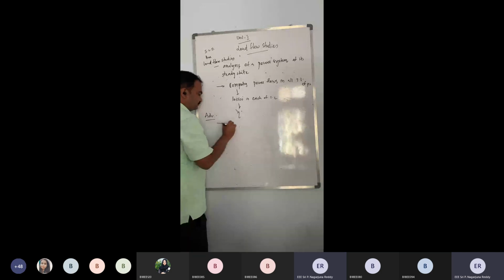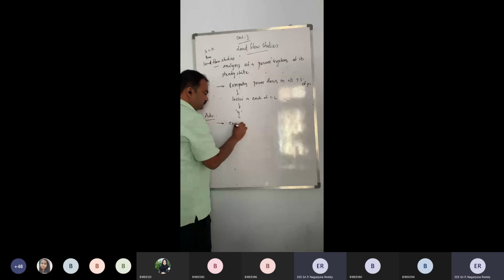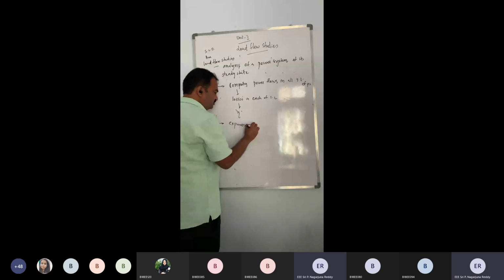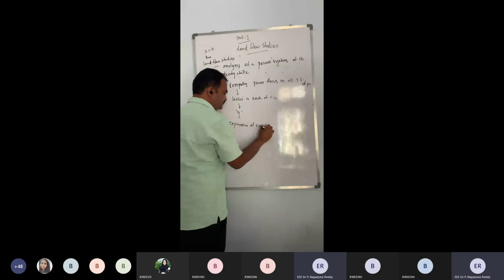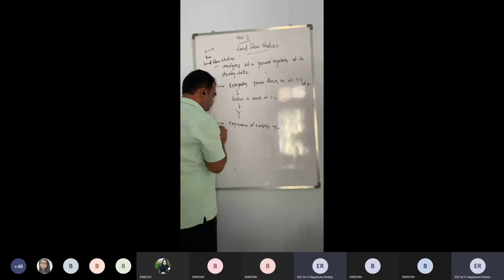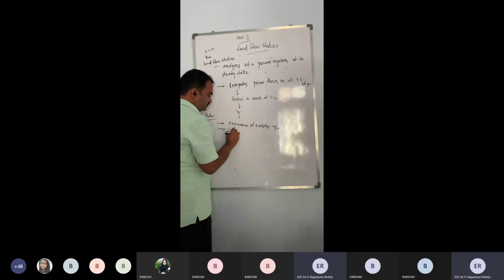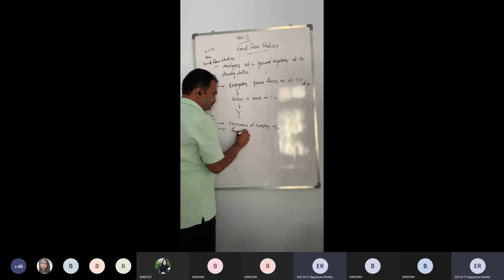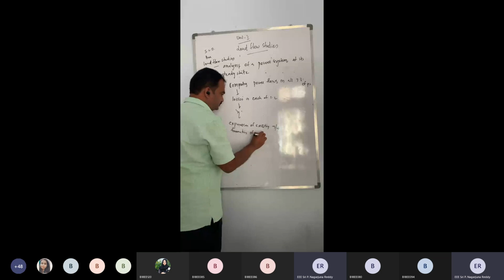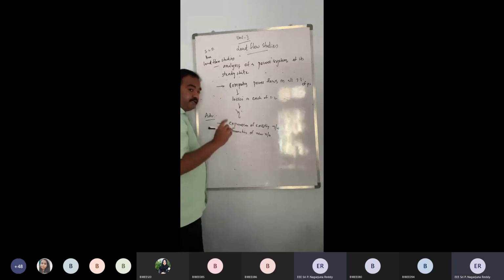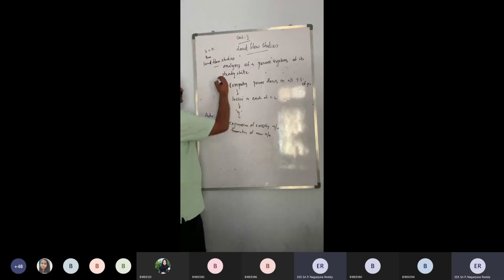For expansion of an existing network or for formation of a new network, you need to understand the current status of the system.